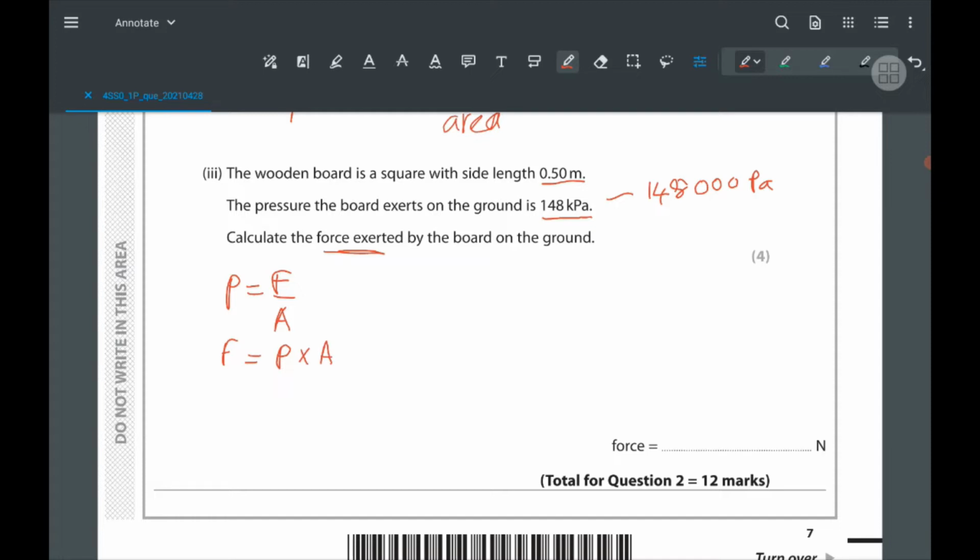How do you find out the area now? I'll write down area equals 0.5 meters into 0.5 meters because it's a square. That will be the answer for the area. Now I'm going to take it here. Pressure is 148,000 into 0.25.